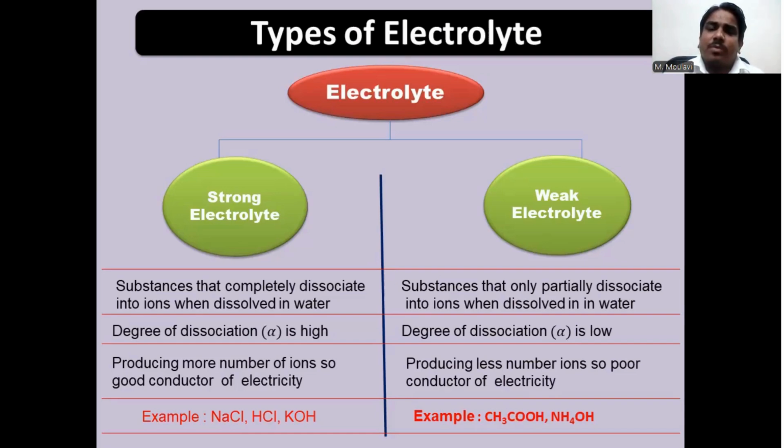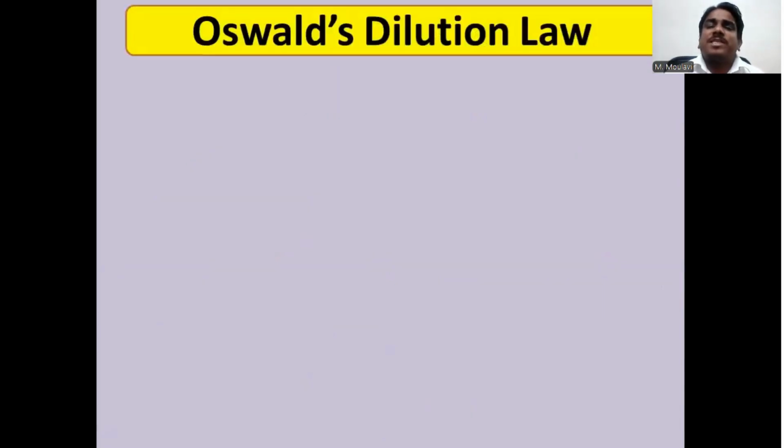Examples of weak electrolytes are acetic acid and ammonium hydroxide. These compounds are known as weak electrolytes because they undergo poor dissociation in water and their alpha values are very small. So based on this knowledge of the Arrhenius theory of dissociation, we will go to Ostwald's dilution law.